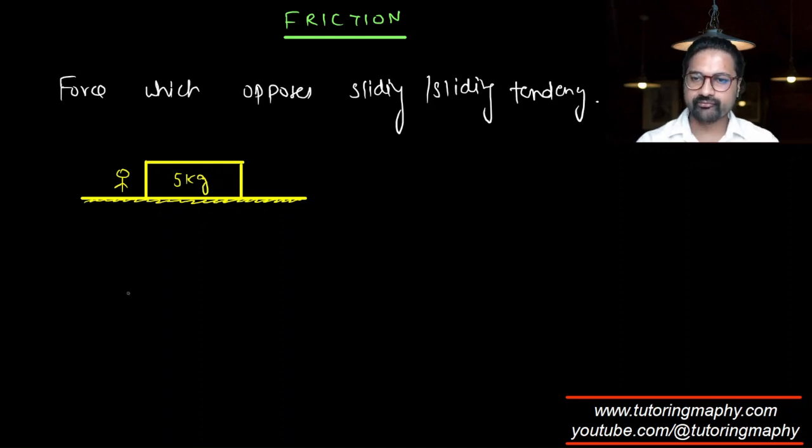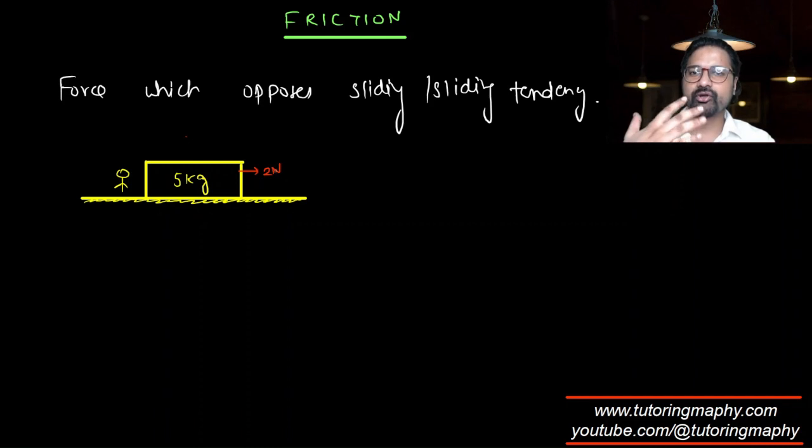Why will it not move? Because the child is trying to slide this particular box on the floor. So there is a sliding tendency. And like I said, friction does not like sliding. So friction is a force which opposes the sliding. Let's say this child is exerting a force of 2 Newton on it.